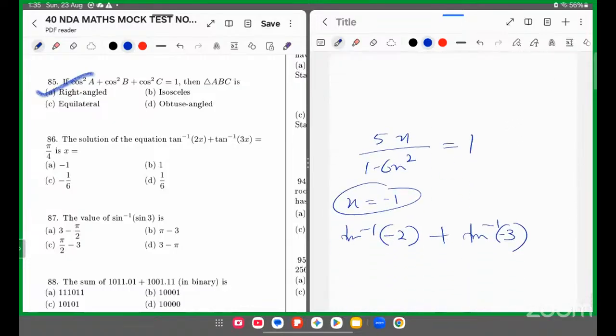Only the answer is 1 by 6. Option D is the correct answer. Only valid result is 1 by 6.